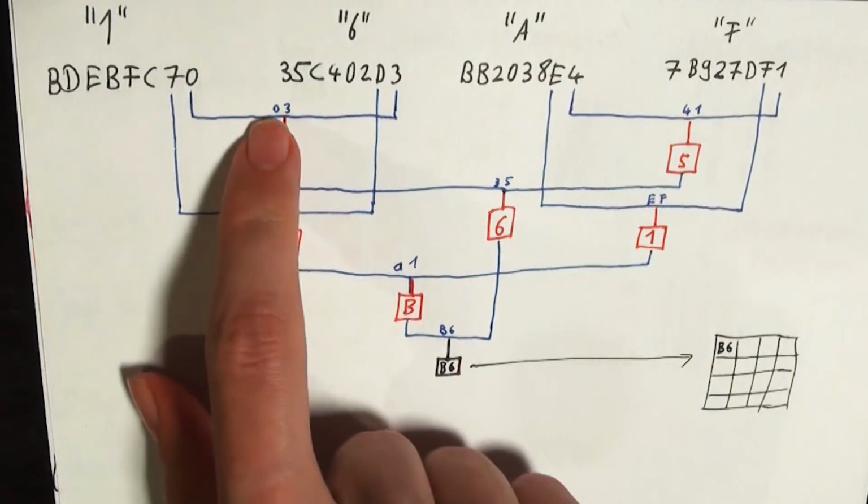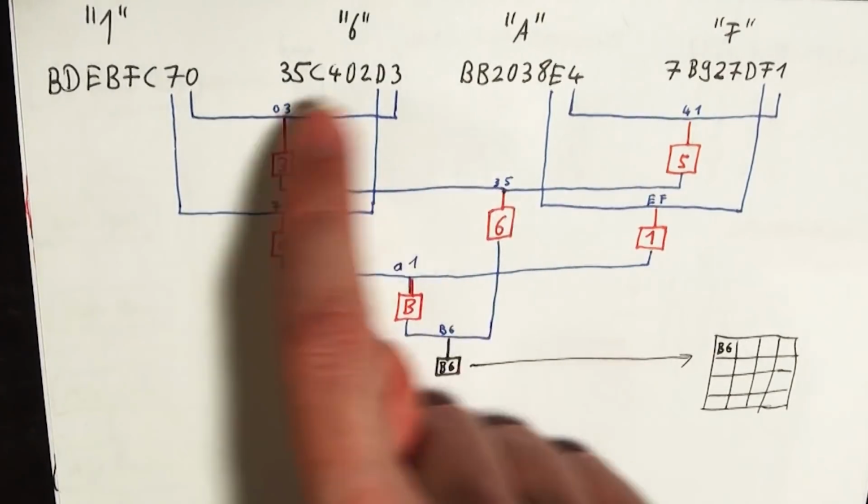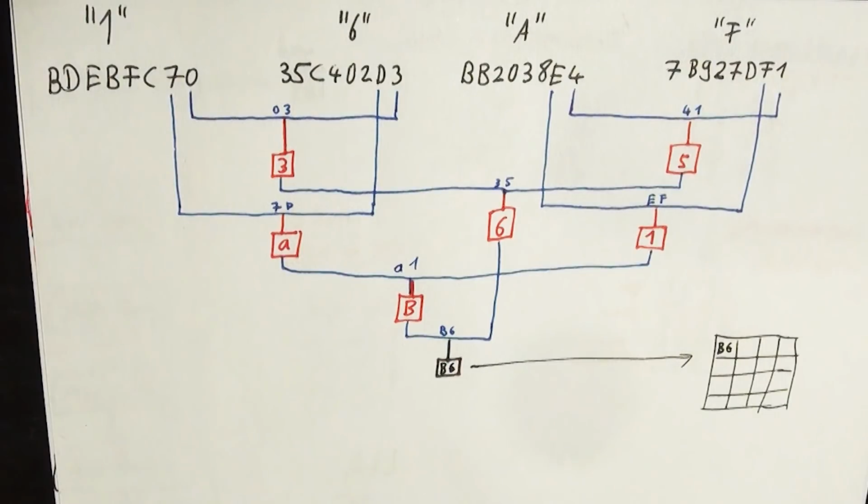And so I was looking at these values and tried to XOR them. Is this maybe the XOR result of these two values? So I was typing this into Python, hex 03 XOR 41, and the result is not 3-5. Okay, so this was also leading nowhere. I just couldn't really understand the lookup tables.